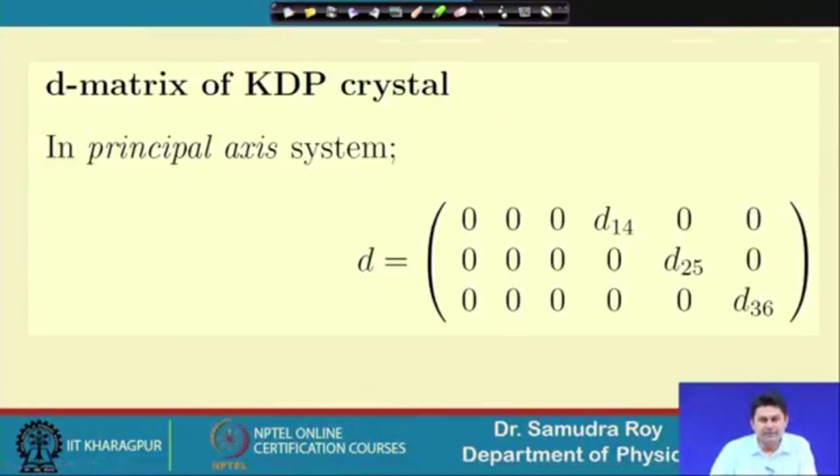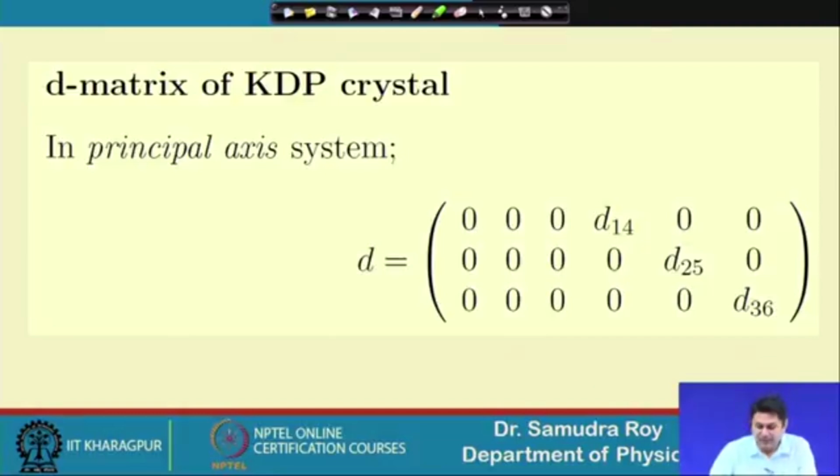This is the D matrix structure. Again I am showing this because in this D matrix only 3 different coefficients are there, and all the other coefficients are 0. Why they are 0 and how we can calculate that, we have already learned in our previous classes. By applying Neumann's principle and symmetry operations we can figure out which coefficient is 0 and which is non-zero.